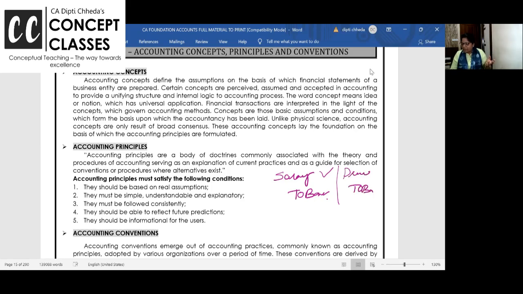Drawings to bank. Now, why is there a shift? Here salary debit, here drawings debit. Why is there a shift? Business entity concept. I know that if I explain the concept, you will understand. Today, I want to see that if I give you examples, will you be able to identify which concept it is? I hope you are getting it. So this is the business entity concept.